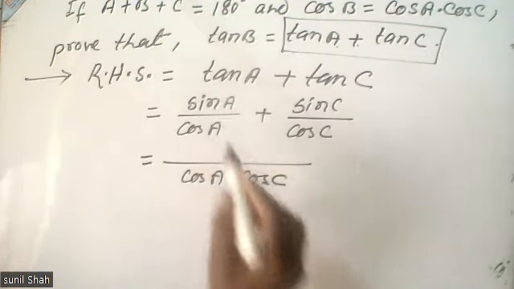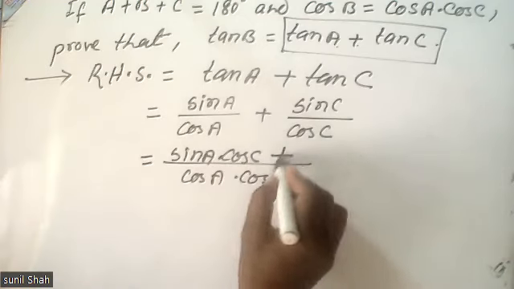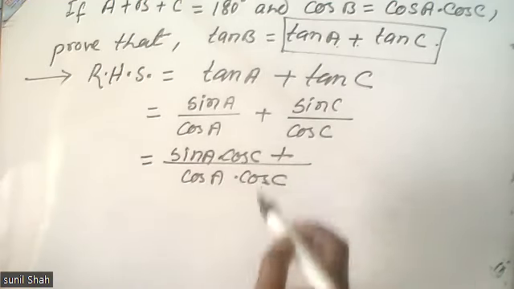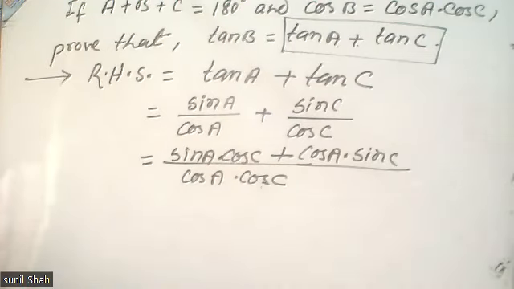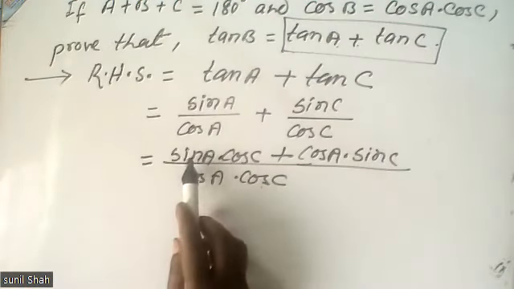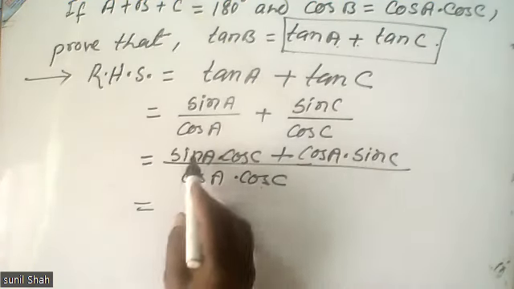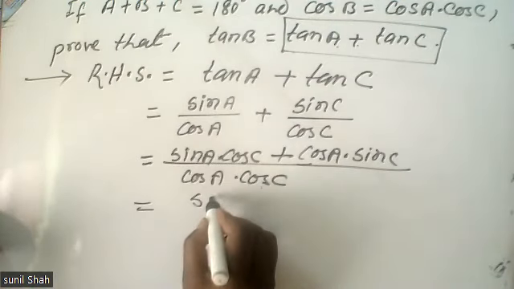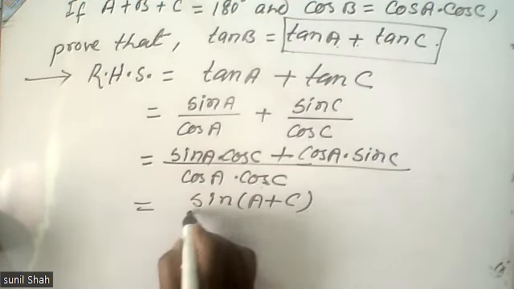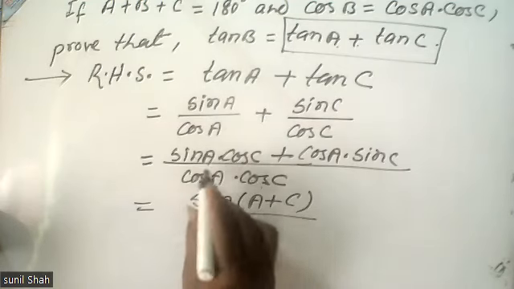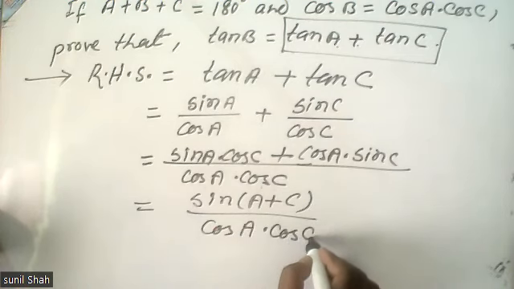For this, multiply this sin A by cos C. So this is sin A into cos C plus, again, cos A will get multiplied by sin C. Think of the formula for this: sin A into cos B plus cos A into sin B. Of course, this is sin A plus B. So in place of B there is C. Sin A plus C is sin A into cos C plus cos A into sin C, and this remains same, cos A into cos C.